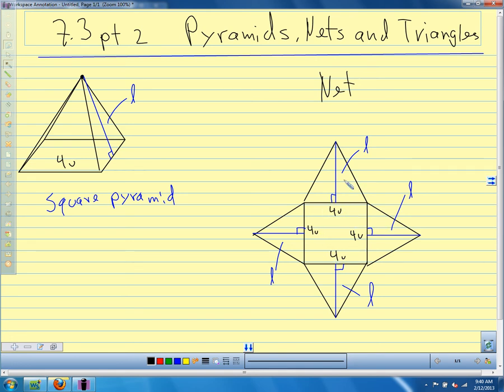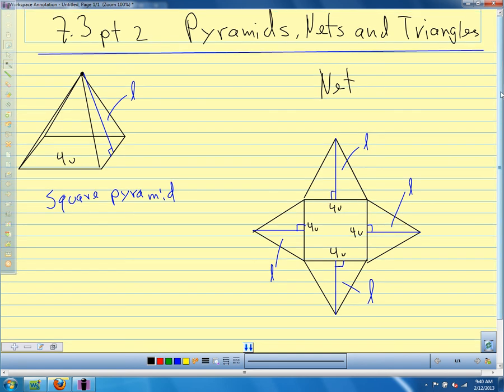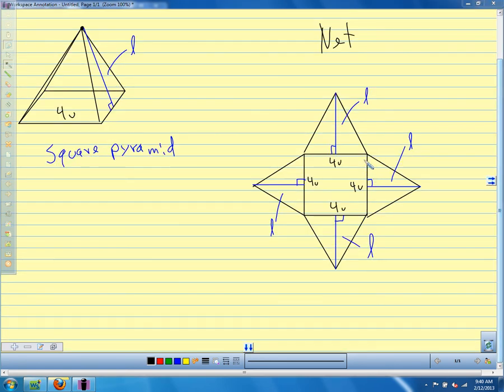So if I add up the areas of all of those triangles, which I get by taking one side of the base times the slant height and dividing by 2, I get the perimeter of the base times the slant height divided by 2. So the slant height, we said L, equals the height of the triangles.